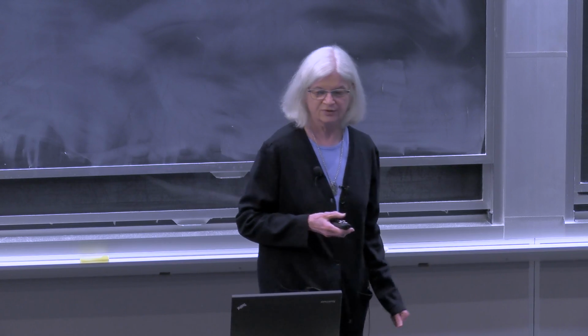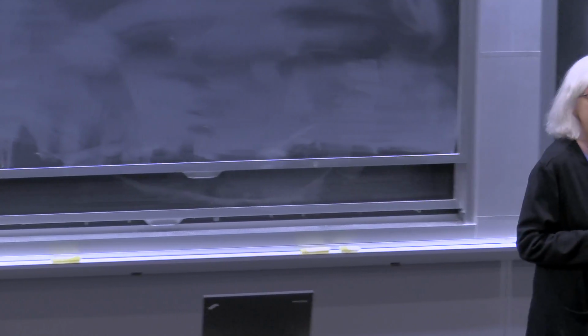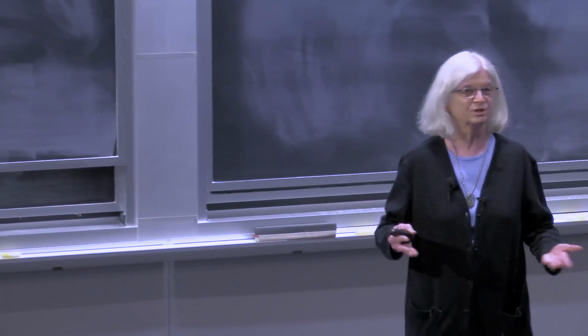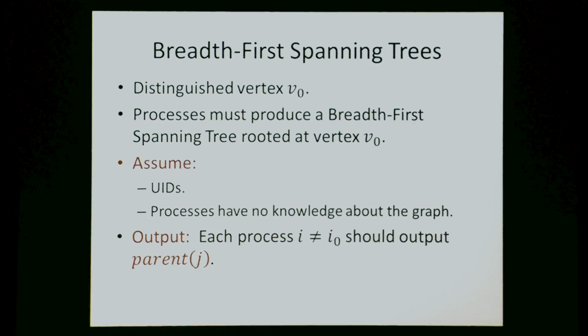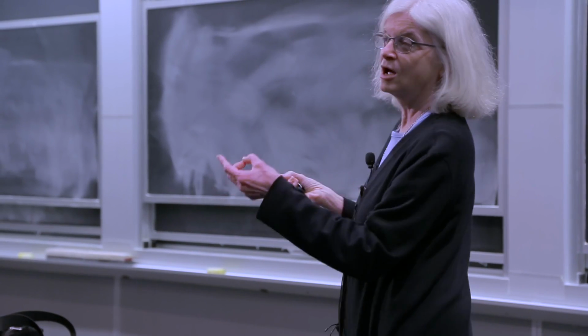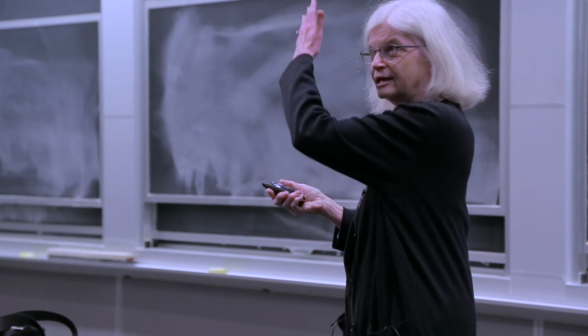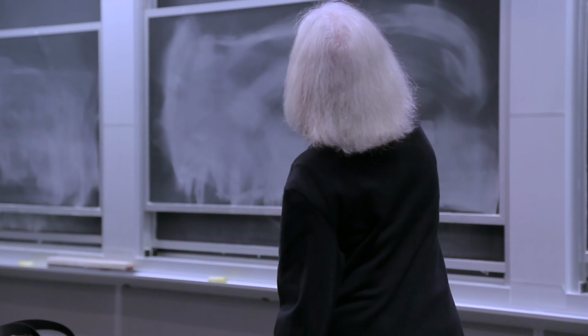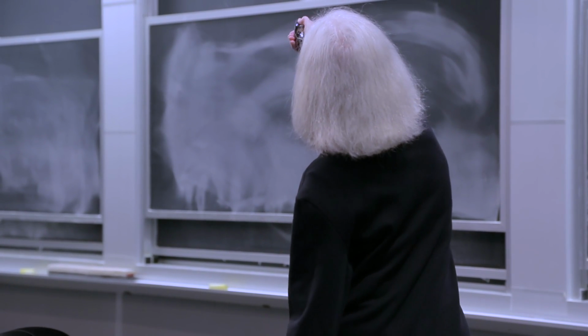Okay, so at the end of the hour, we looked at a version of Bellman-Ford, which you've already seen as a sequential algorithm. But as a distributed algorithm, everybody keeps track of their best current guess of the distance from the initial vertex. And they keep track of their parent on some path that gave them this distance estimate, and they keep their unique identifier.